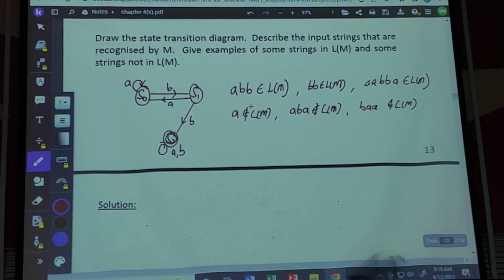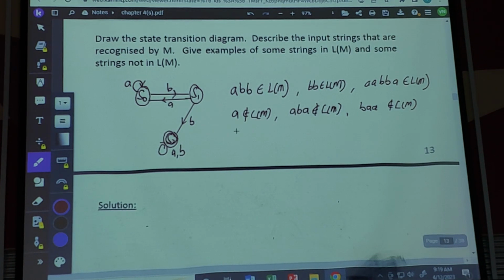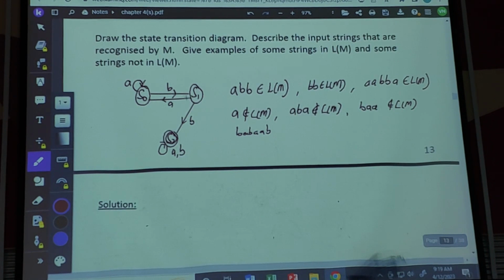Okay. Now, what is the conclusion you can make from here? How do we know very fast if a string I give to you, let's say for example B, A, B, A, A, B, is in LM or not? Do you need to go through one by one, B, A, B, A, A, B?